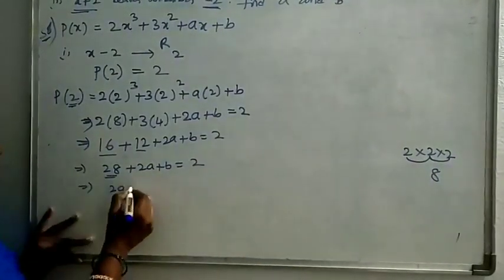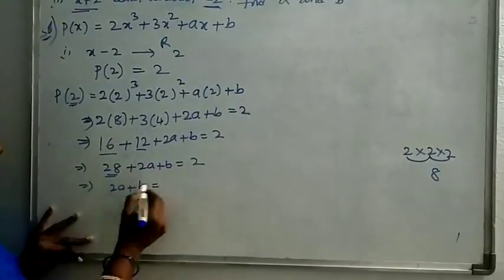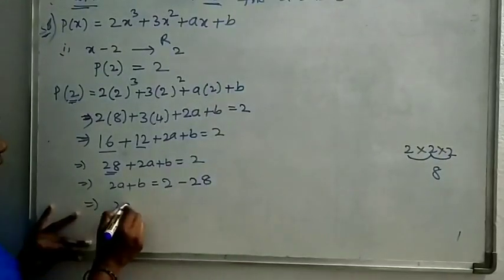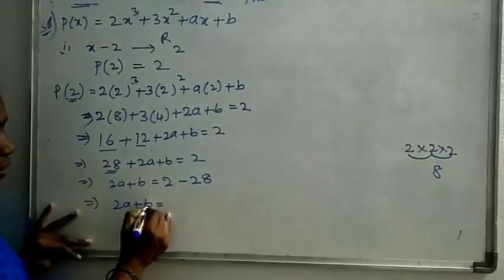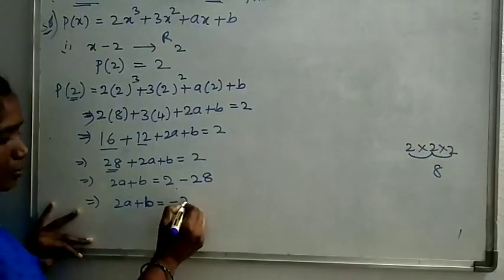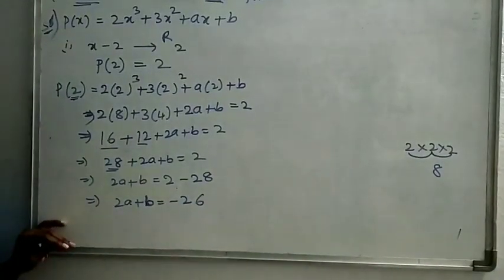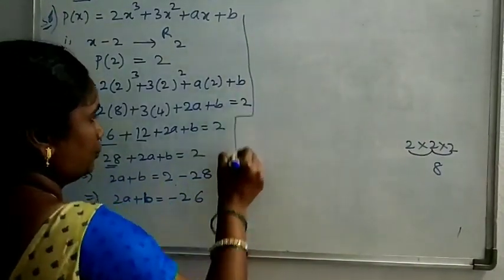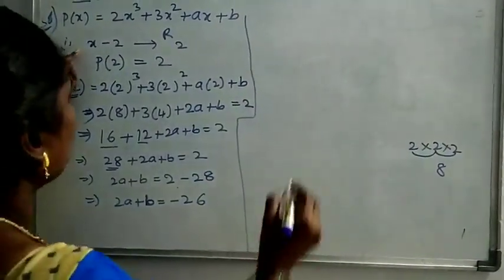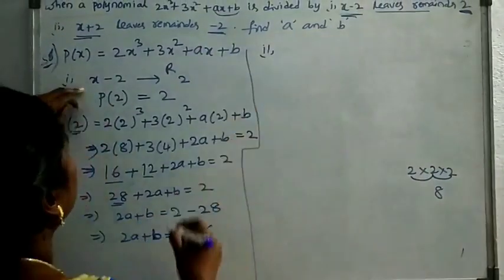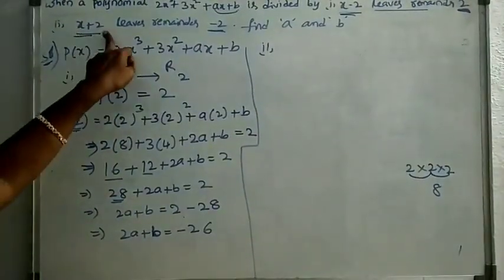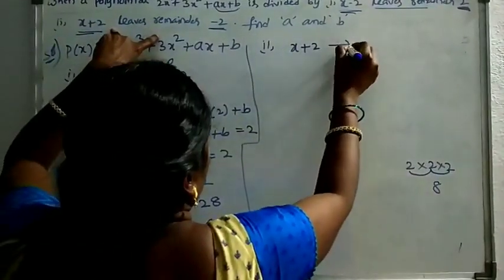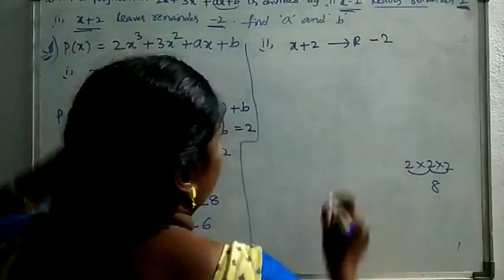So if 28 transposes to that side, 2a plus b is equal to 2 minus 28, which is minus 26. So we got an equation in a and b. Okay, children. Now what is the second condition? If the given polynomial is divided with x plus 2, it leaves the remainder as minus 2.